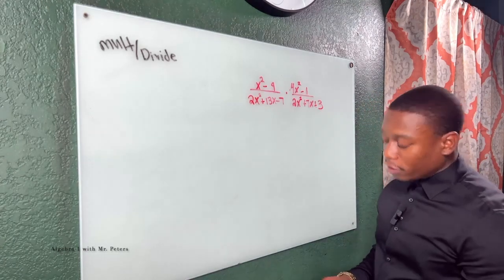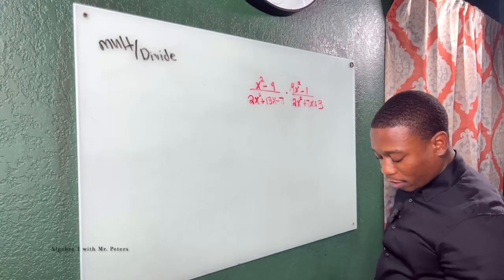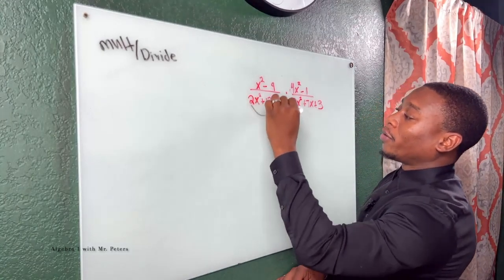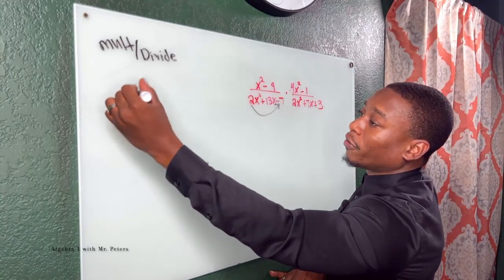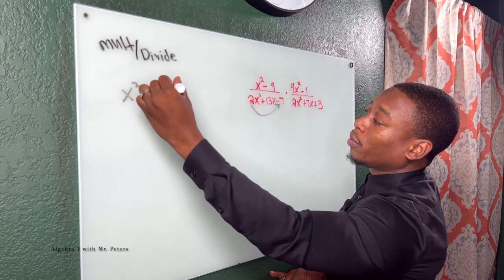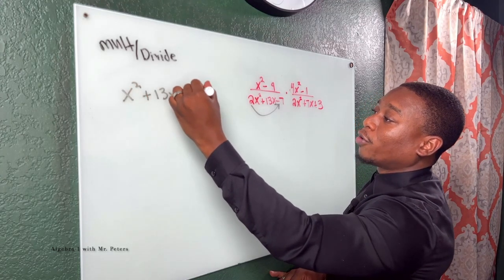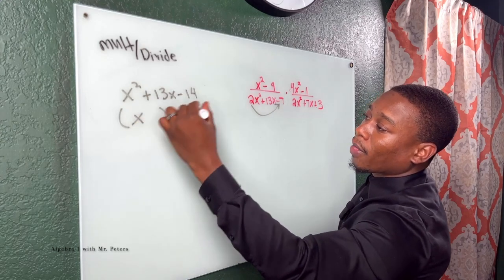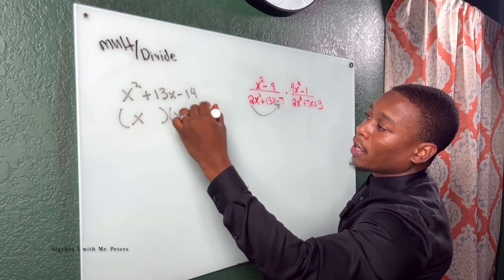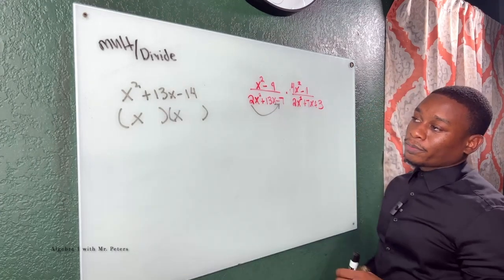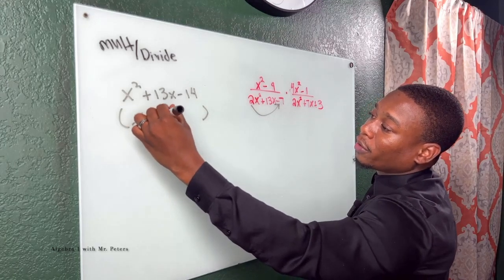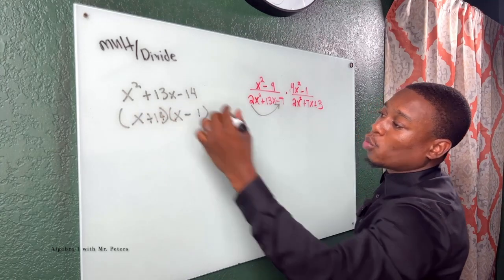When we go ahead to factor these two, let's factor these separately. So I'm going to use the slip and slide method, right? So we know we have x squared plus 13x minus 14. Once I simplify this, this is going to turn into x plus 14 times x minus 1.